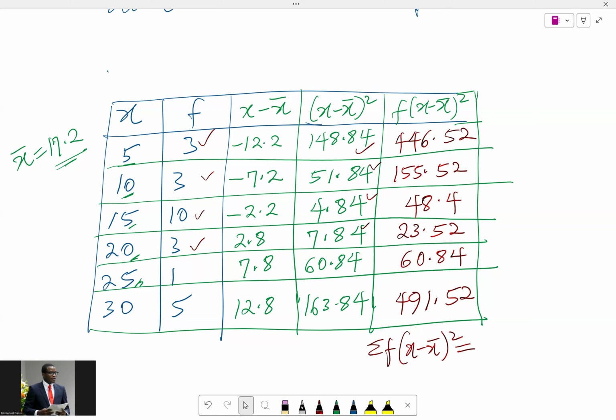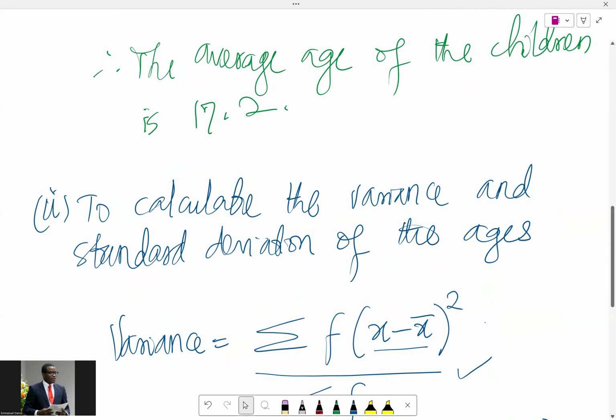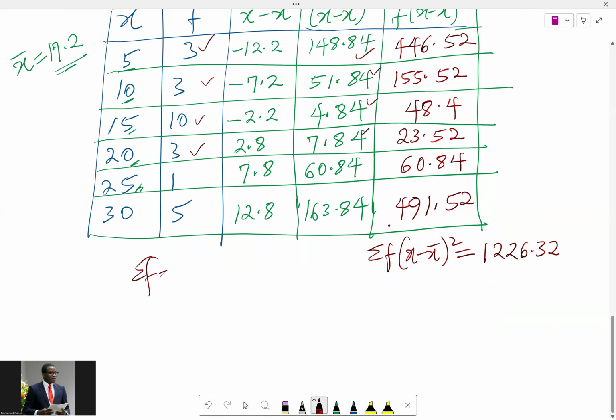All that is 1,226.32. And again, we need summation f, which we already knew before. Summation f is simply 25: 5 plus 1 is 6, plus 3 is 9, up to 25.